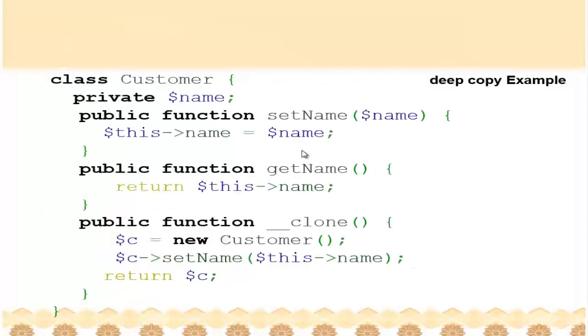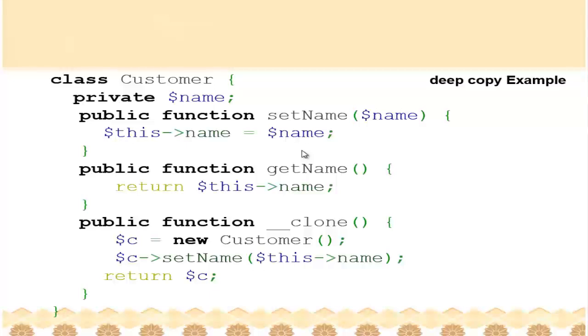If you go to the customer class over here, customer has a name, and get name and set name are there. Clone of the customer is to create a new instance of the customer, and you send the copy of the name that was set here, you send it back to this customer and return a new copy of the customer. You notice over here, this is the new copy, not the existing copy. I create a new copy, copy all the properties, then send it back to you.